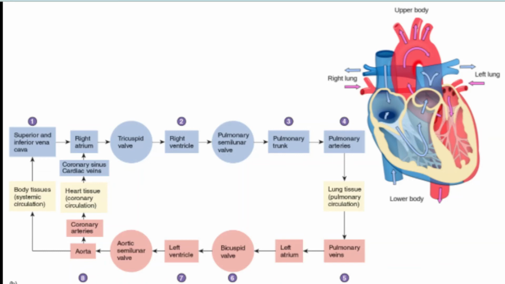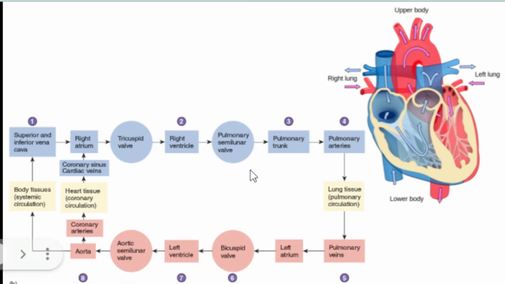Once enough blood has been collected in your left atrium, it will open the bicuspid or mitral valve, causing blood to enter the left ventricle. Once enough pressure and enough amount of blood has been collected, it will open your aortic semilunar valve, causing blood to be pumped into the aorta.